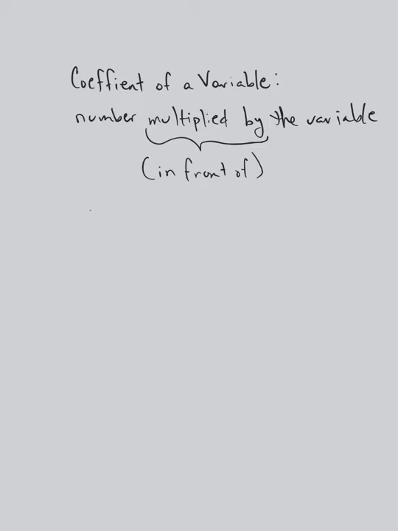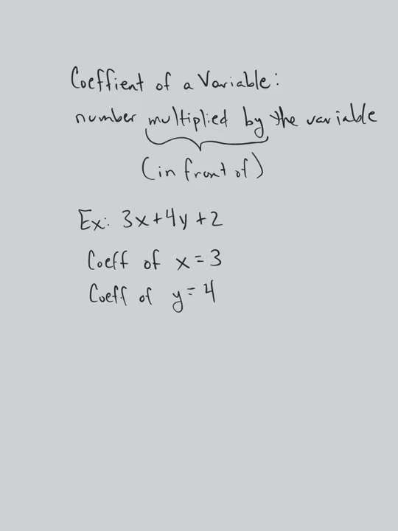So let's look at an expression that has two variables in it. Say I have 3x plus 4y plus 2. Then the coefficient of x is the number that's multiplied by x, so that would be 3, and then the coefficient of y, that would be the number in front of it, so that'd be 4.